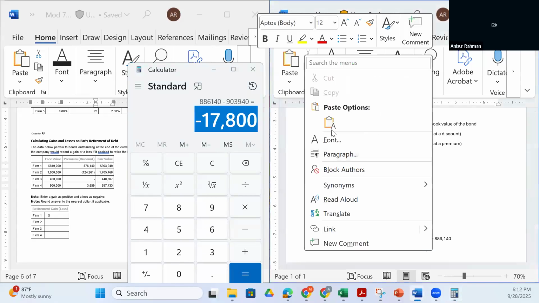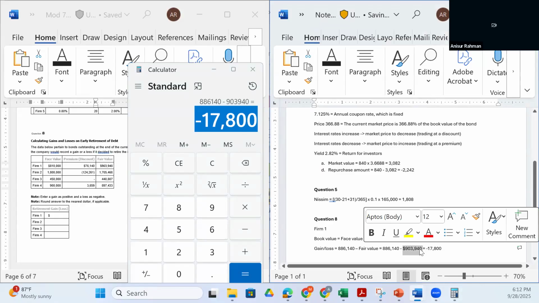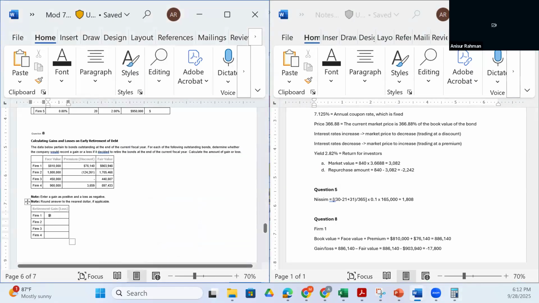So that is a loss. And that should make sense. When a company retires a bond, repurchases a bond, it has to repurchase at the market price. So the market price is higher than the book value of the bond, so it will incur a loss of 17,800. There is a loss, so it will be a negative.